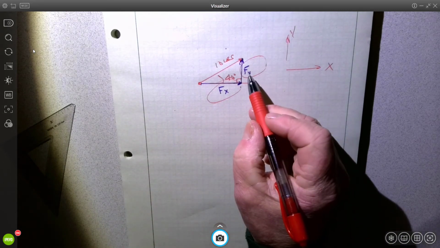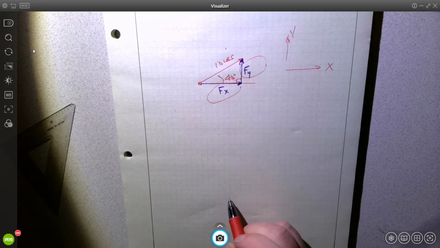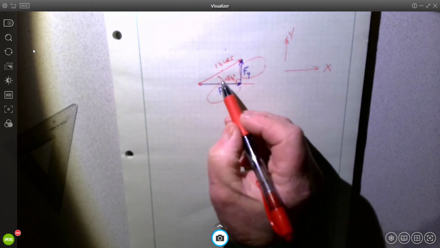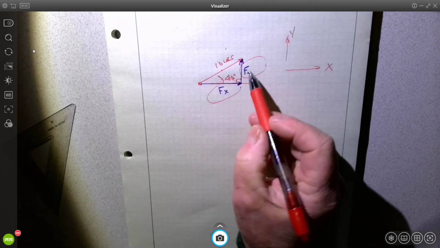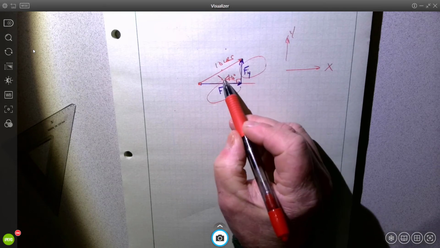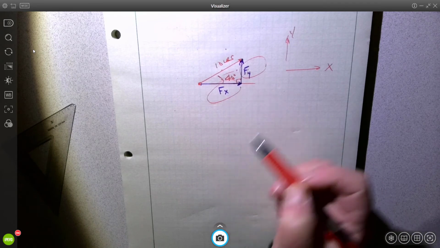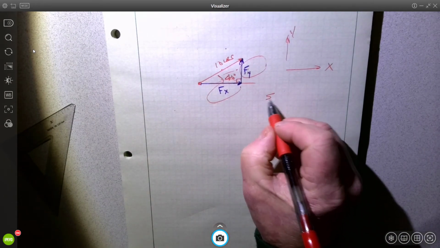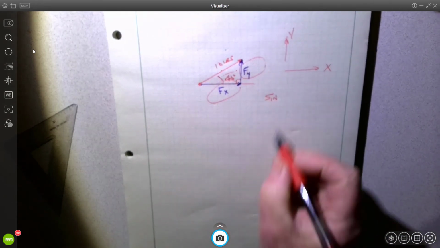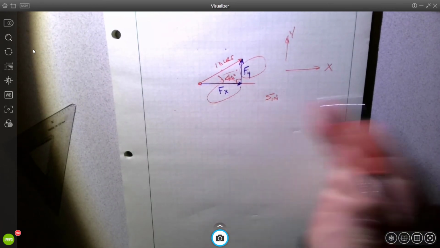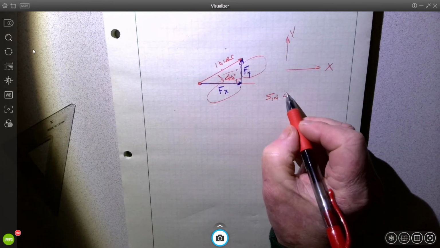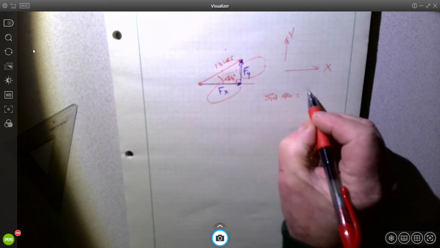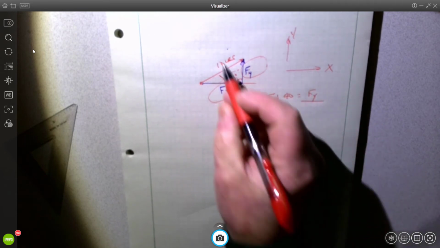So if I want to know Fy, I need to look at what I have. I know the hypotenuse, I know the angle, and I know that Fy is opposite of the 40 degrees. Whenever I hear opposite, I know that is sine. So I will use the sine function and fill it in best I can. Sine 40 equals opposite Fy over hypotenuse 10.